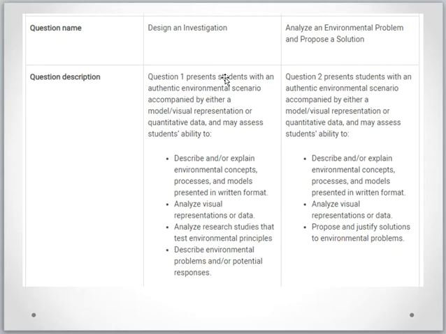Question number 2 presents students with an authentic environmental scenario. So again, exact same thing, accompanied by either a model, visual representation, or quantitative data, and assesses your ability to describe and or explain environmental concepts, processes, models, analyze visual data. So these are exactly the same, except propose and justify solutions to an environmental problem.